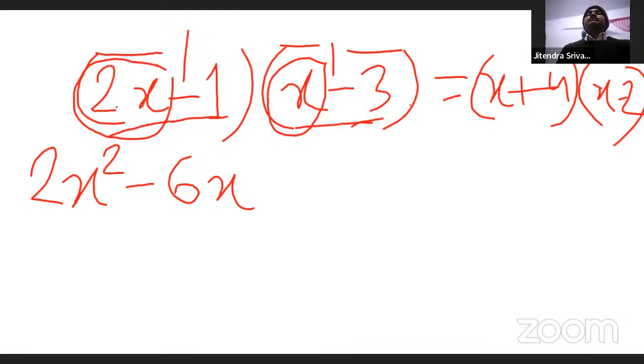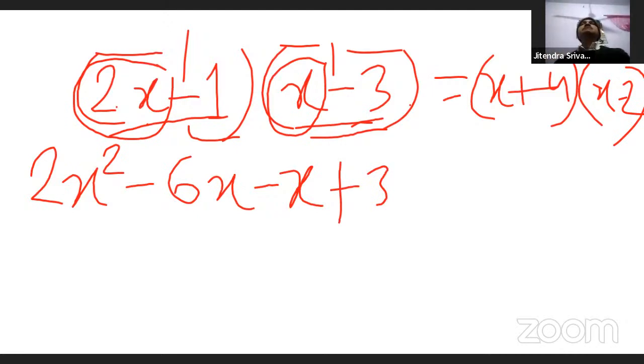Now we will multiply minus 1 with x minus 3. Then minus 1 with x will be minus x, and multiplication of minus 1 and minus 3 will be plus 3, because when we multiply minus and minus, the sign changes. So now we have got one value this side.